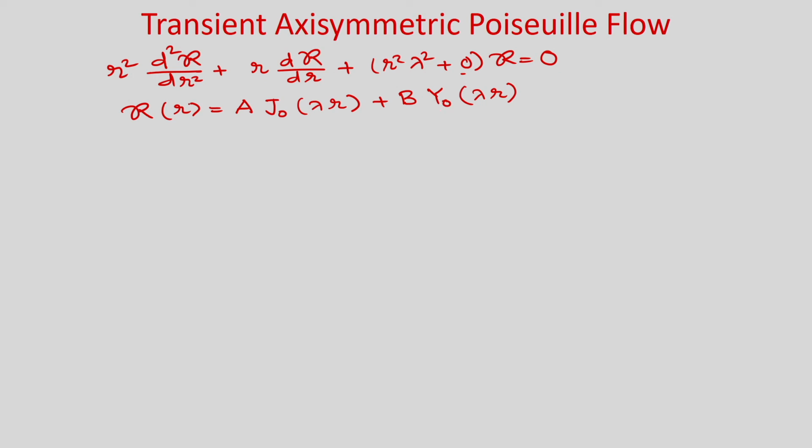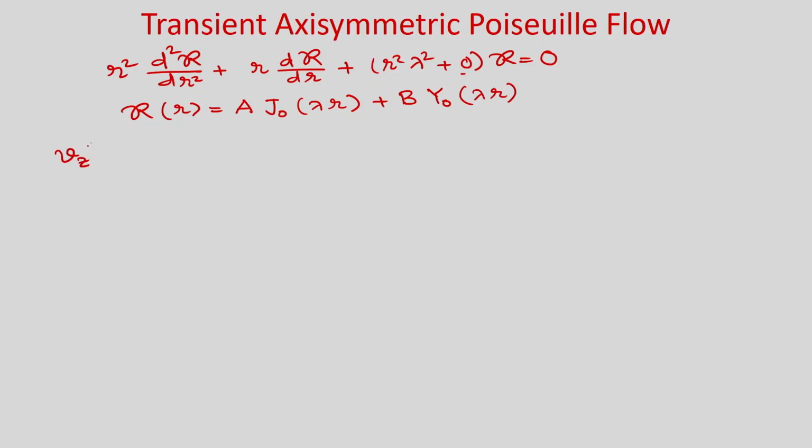Okay. So, now we have found the solution of R and tau individually. Now you can find the actual velocity profile v_z prime and apply the boundary condition and find the constants. So, now we can write v_z prime, which is a function of r and t, as the product of R and tau.